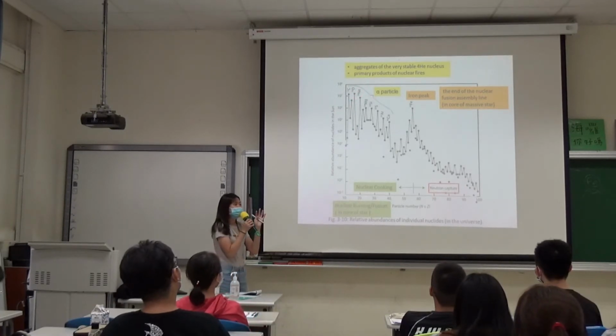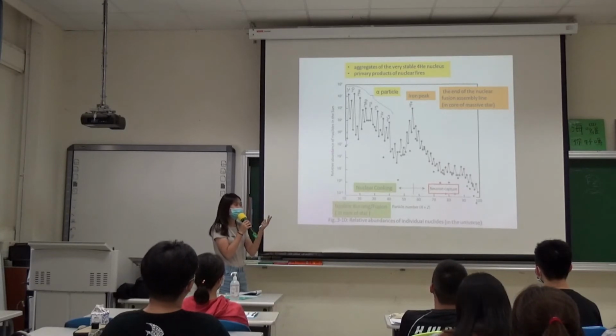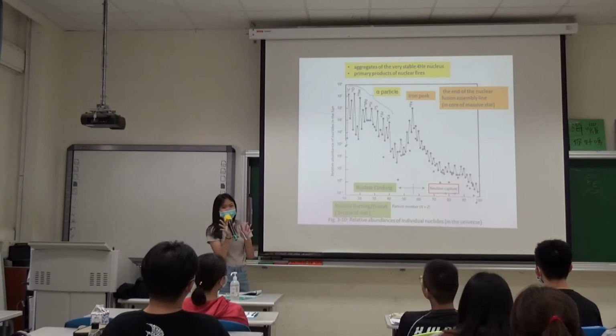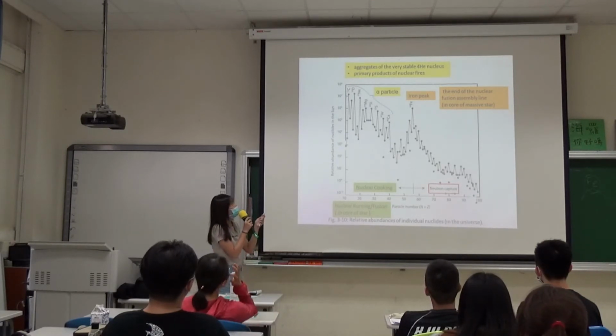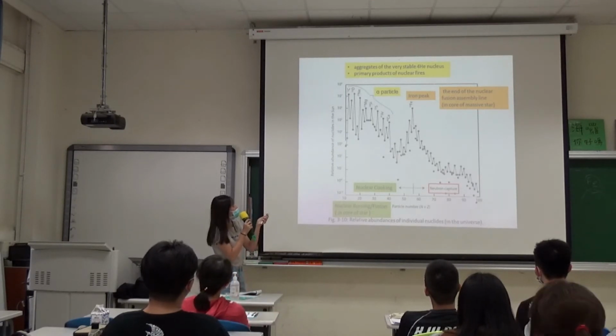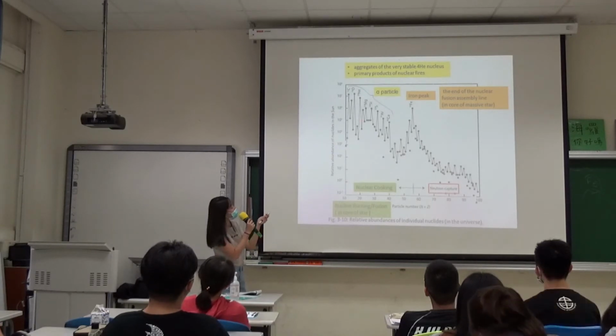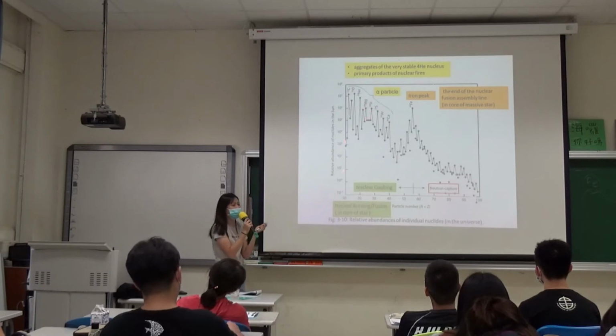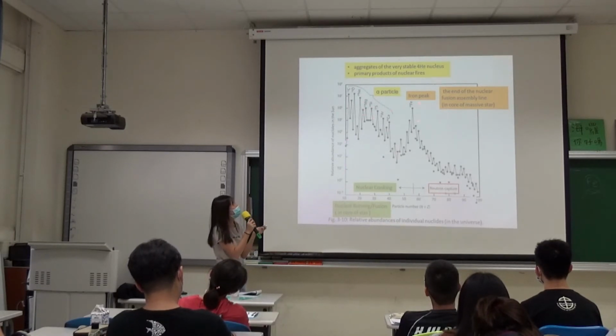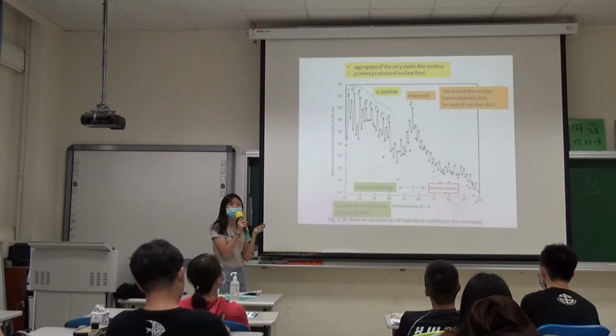So it's 1, 2, 3, 4 or 5 helium nuclei combining. We call it alpha particle as just a nickname. All of them are primary products of nuclear fire, produced in the star.